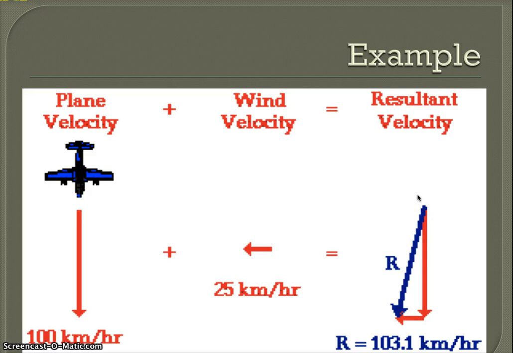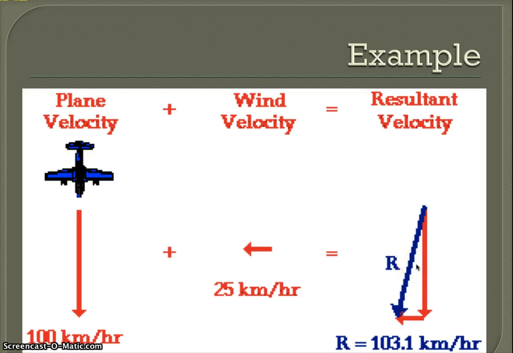And from the ground, it looks like this plane is moving diagonally. Now, to take it a step further, to find this angle here, let's just call it 15 degrees.